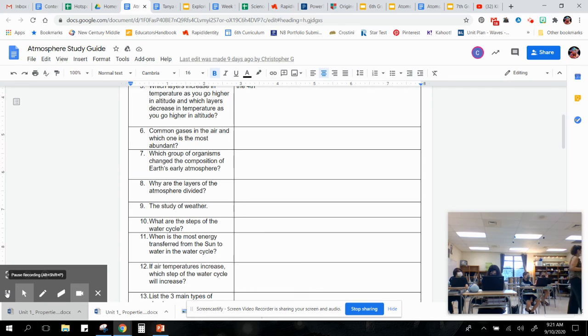Hunter? What color is the most abundant on your paper? Green. Green. Okay, which one is the green one? Nitrogen. So which one's the most abundant gas? Okay, but what are the red and the yellow dots? Other gases and oxygen. Okay, so the common gases in the atmosphere are nitrogen, oxygen, but there are some other gases, and which one of those is the most abundant? Nitrogen. Very good. Hunter?